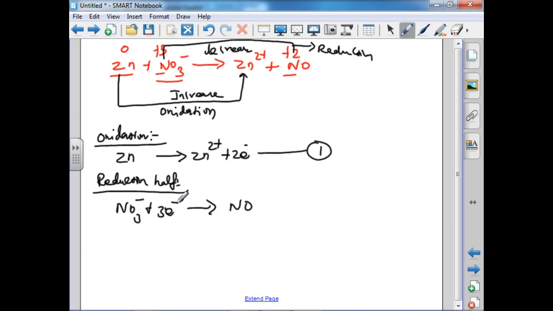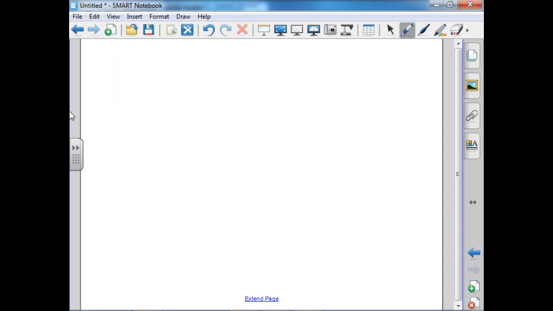Next we are going to balance the atom and the charge. First we balance the atom. From equation number 1, no change.